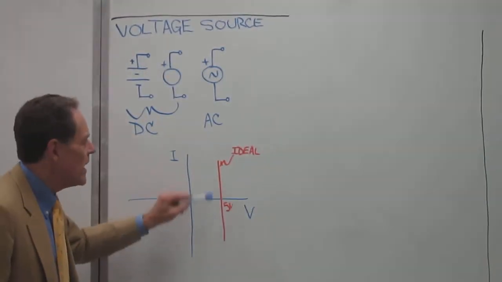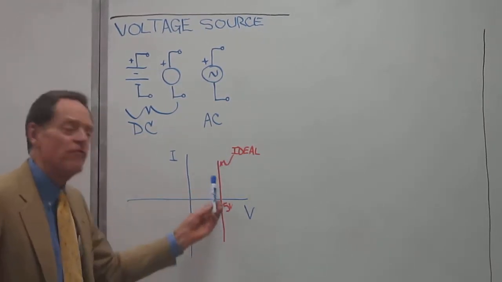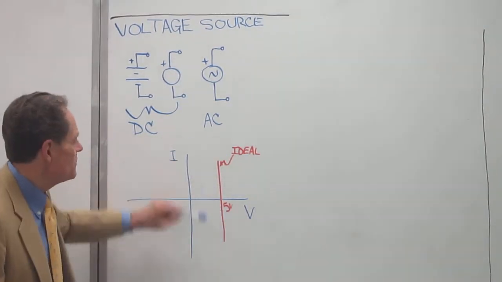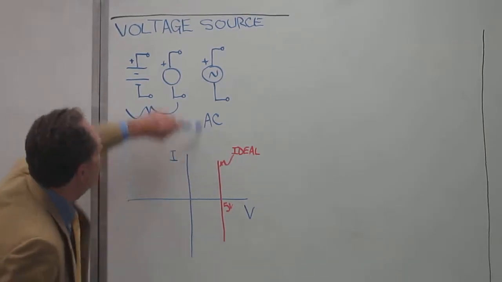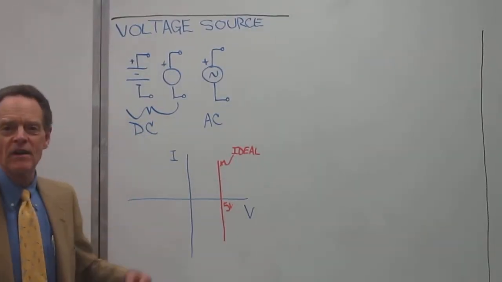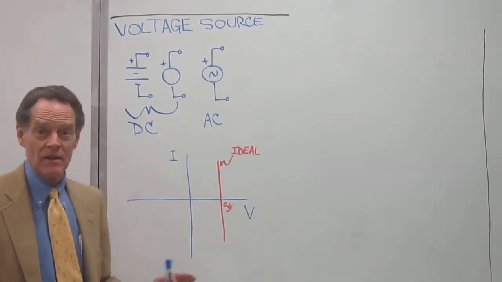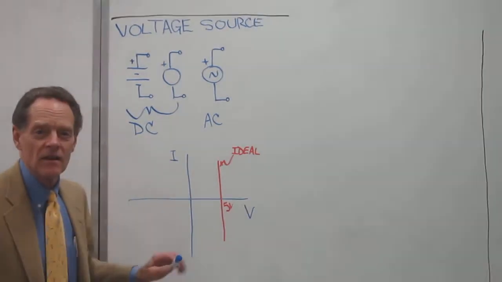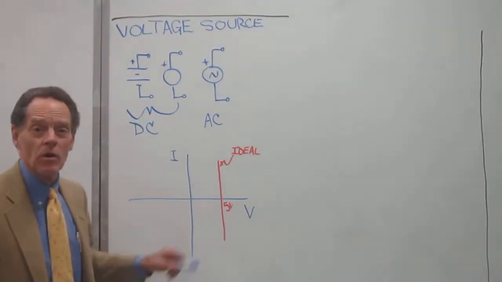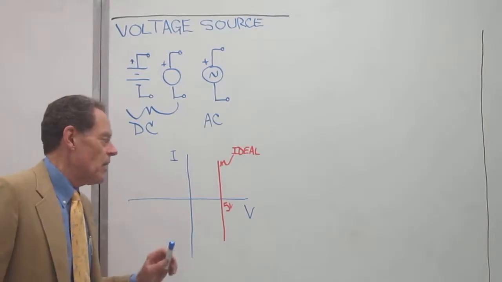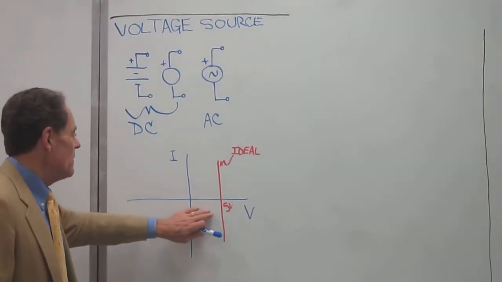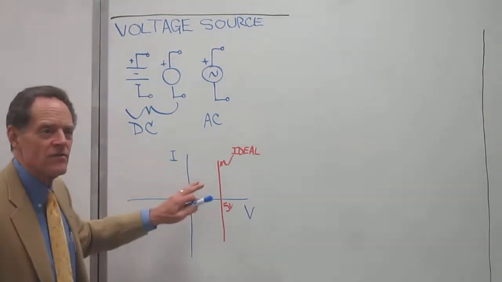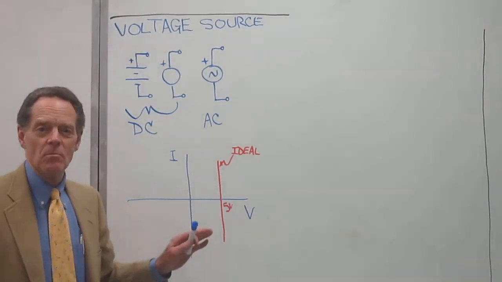So either way, doesn't matter, 5 volts, regardless of the amount of current. In the ideal, this could go up to either plus infinity or minus infinity. Obviously, that doesn't make any sense, but theoretically, in the ideal world, that's what could happen. So this is the IV curve for an ideal battery.